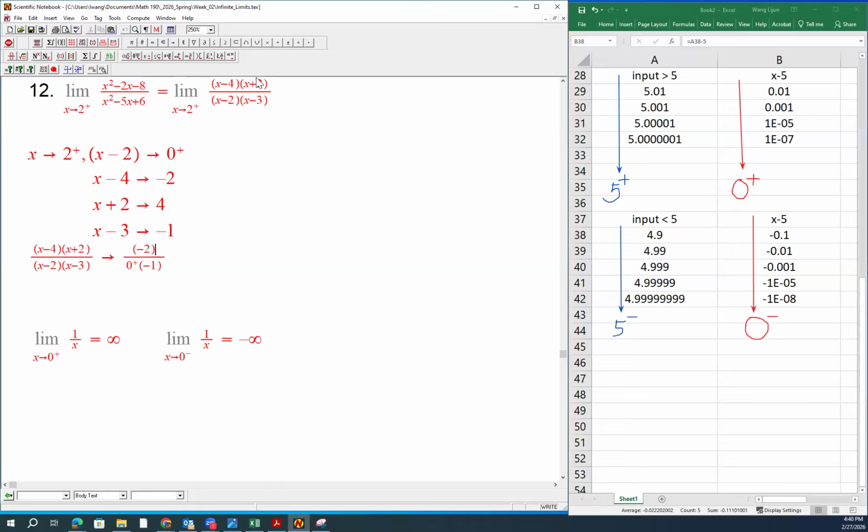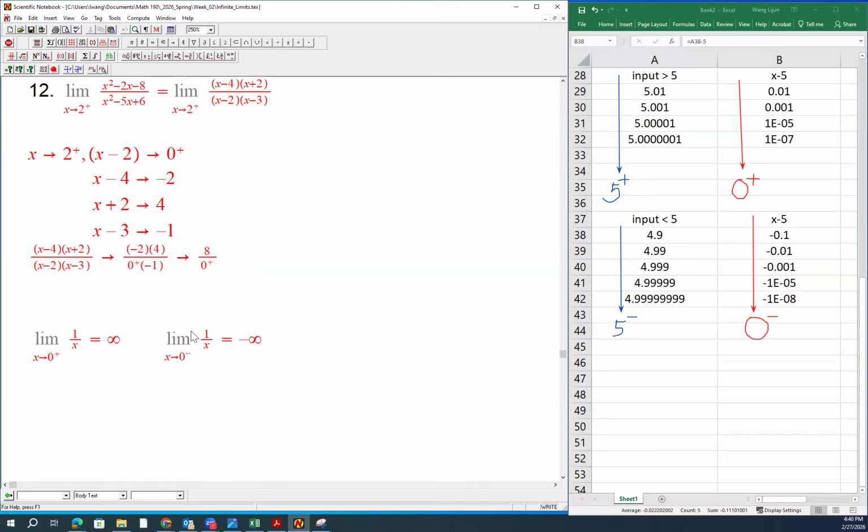And x plus 2 is going to be approaching 4. Okay? So negative 2 times 4 is negative 8. And negative 8 divided by negative 1. So we can see this as a finite number, which is a positive number, which is actually 8 over 0 from larger than 0.